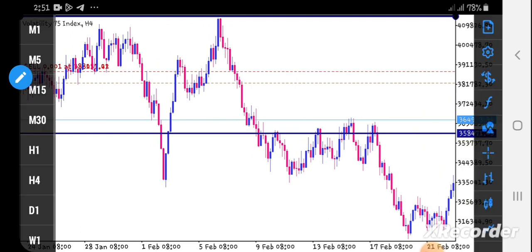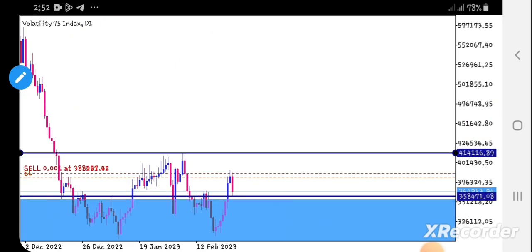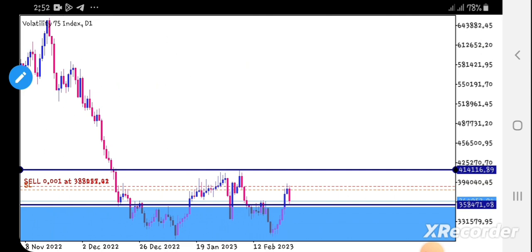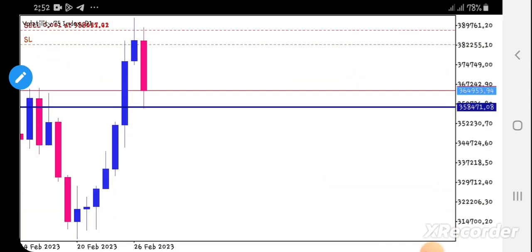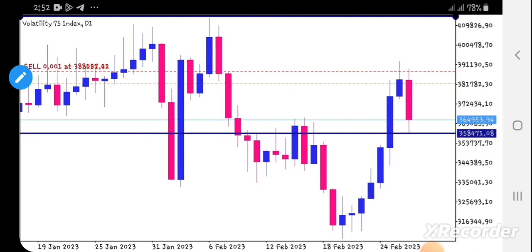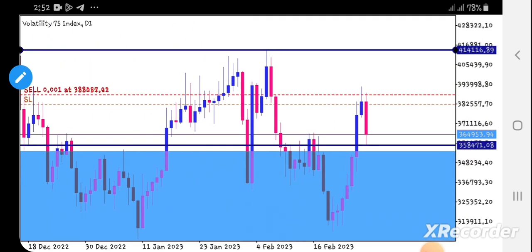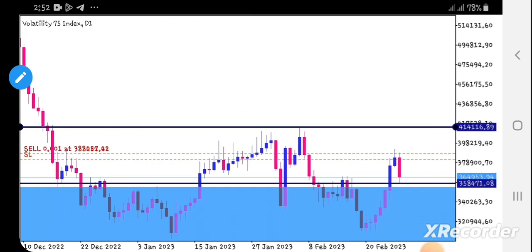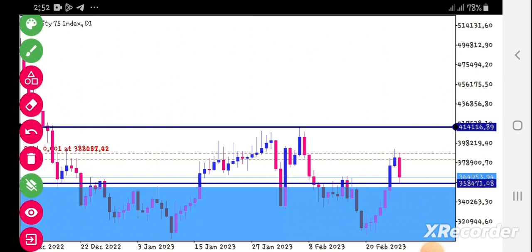And I saw something. In the daily, I saw that before the market started to drop, it had something here, guys. If you see clearly around this point, we can see the market came down and pumped up.